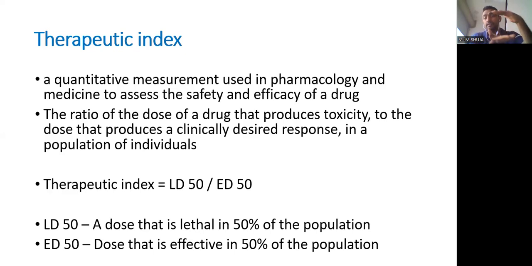For that drug it is 6 by 5, only 1.2. So the therapeutic index is reduced. For drugs with a low therapeutic index we should be extra careful, and their safety is low compared to drugs with a high therapeutic index.